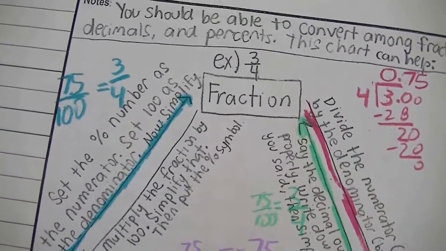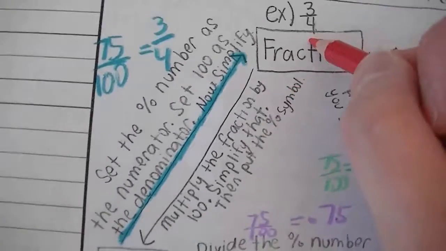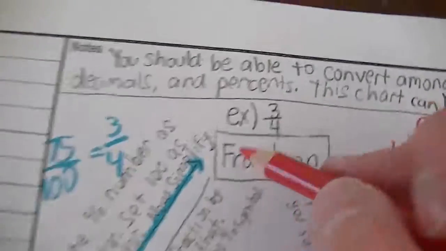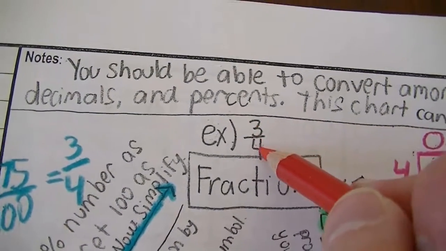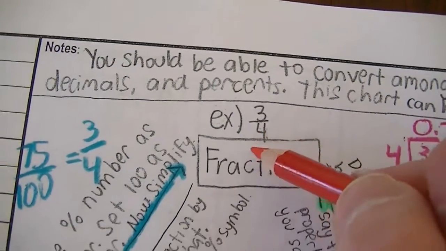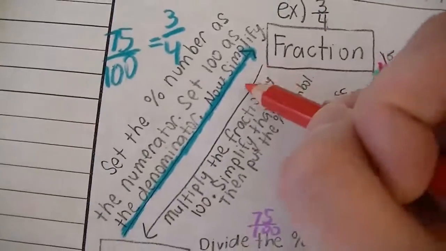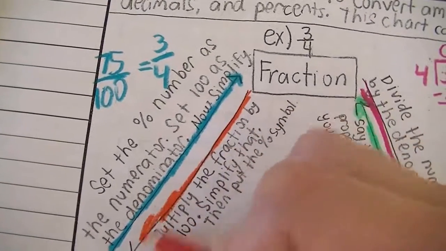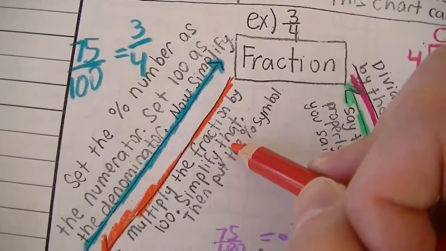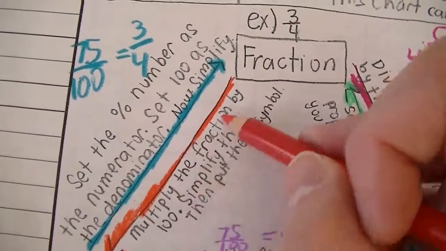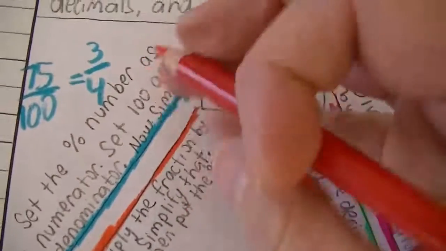Okay, and last but not least on this flow chart, to go from a fraction to a percent. Like if on a test you got 3 out of 4 correct, and you want to know what percentage that is, this is what you would do. Multiply the fraction by 100, simplify that, then put the percent symbol.